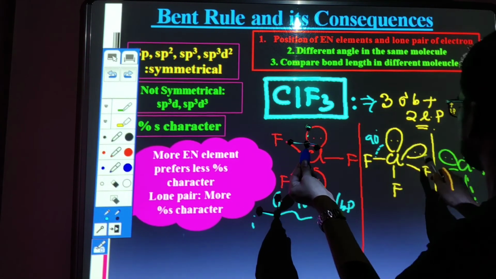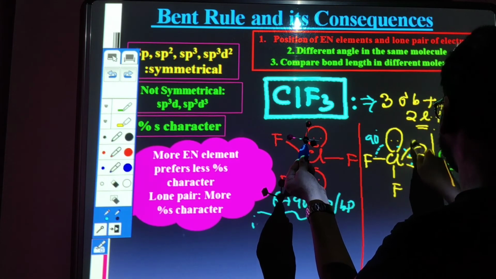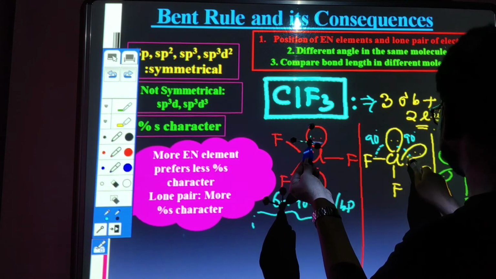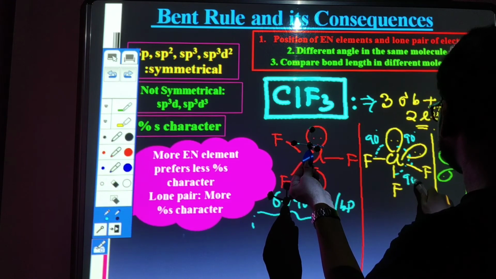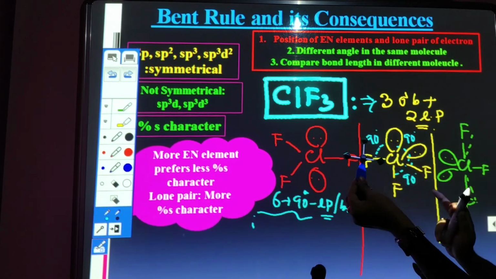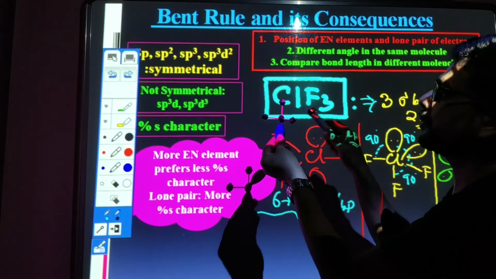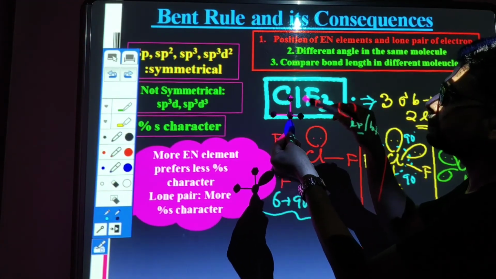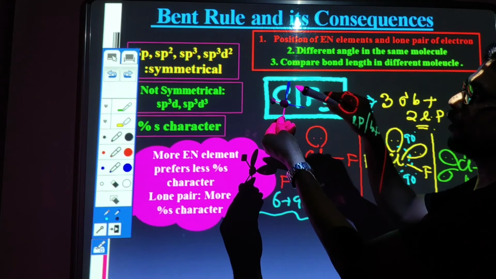Check it. This is 90 degrees, 1. This is 90 degrees, 2. This is 90 degrees, 3. And one lone pair-lone pair at 90 degrees. See, from the model you can see this.